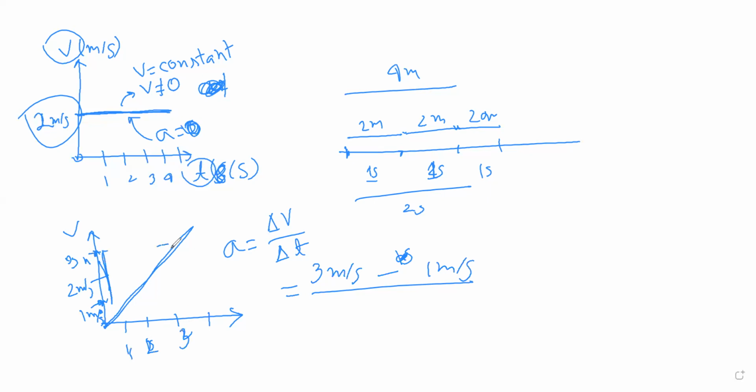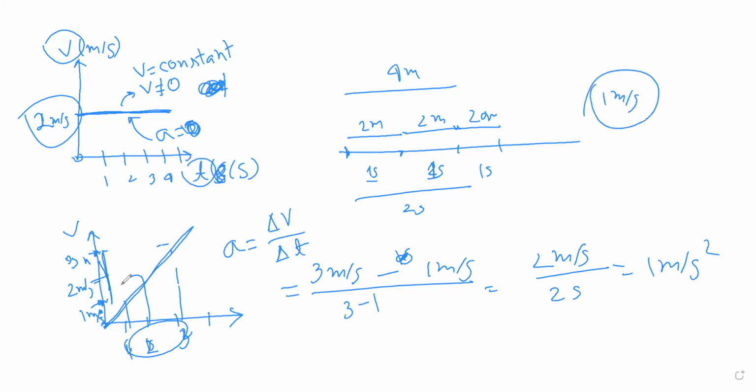The time is 3 minus 1 equals 2. So 2 meters per second over 2 seconds, so 1 meter per second squared. That means each second the velocity is increasing by 1 meter per second: 1 plus 1 equals 2, 2 plus 1 equals 3.